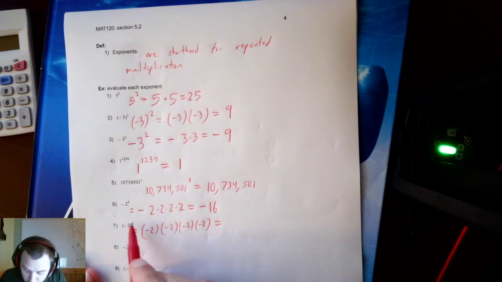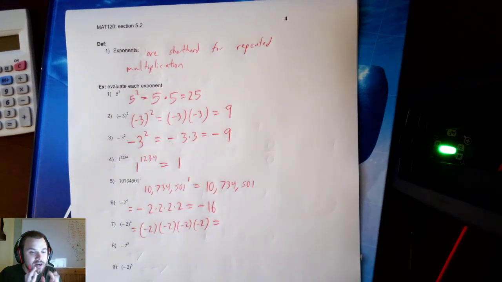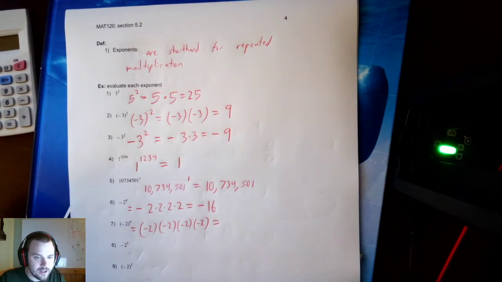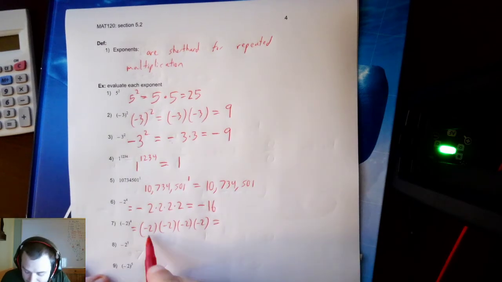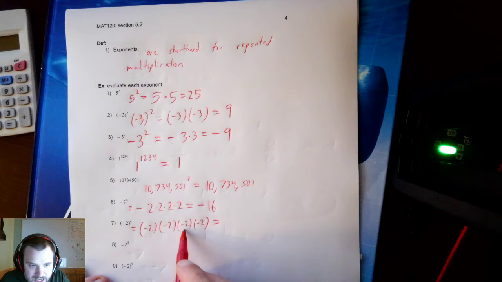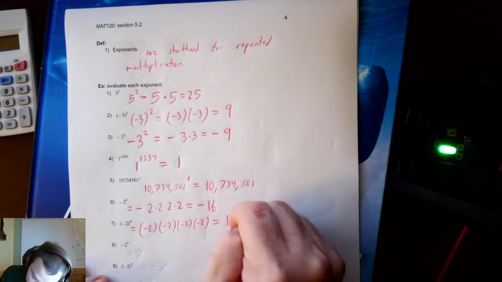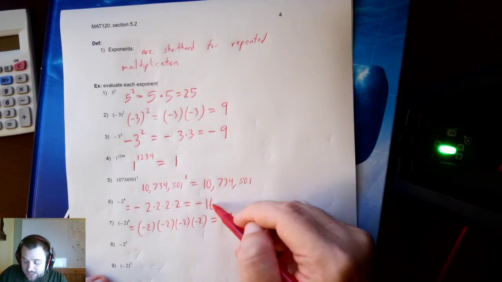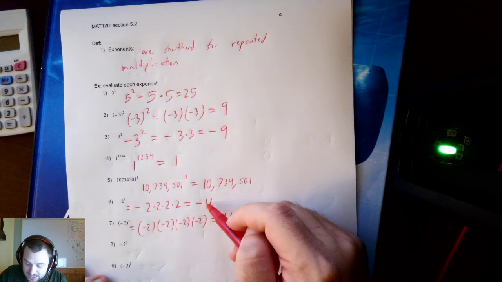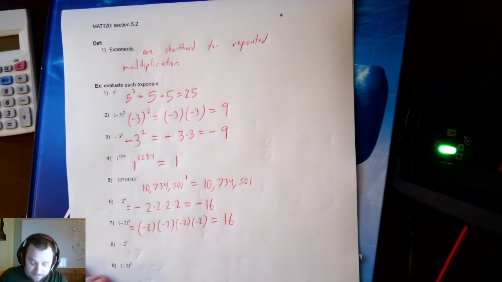Because the 4 has parentheses for the exponent, I want to take 4 copies of that negative sign. That's the difference. Negative 2 times negative 2 is positive 4. Times negative 2 is negative 8. Negative 8 times negative 2 is positive 16. So notice I got different answers again. Negative 16 and positive 16. You need to be careful of the parentheses.